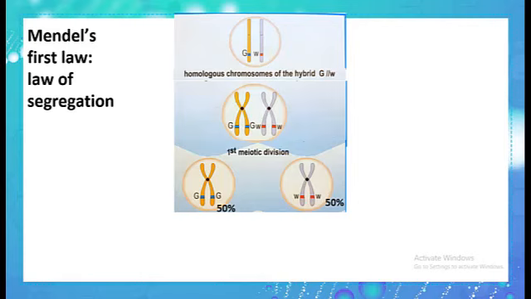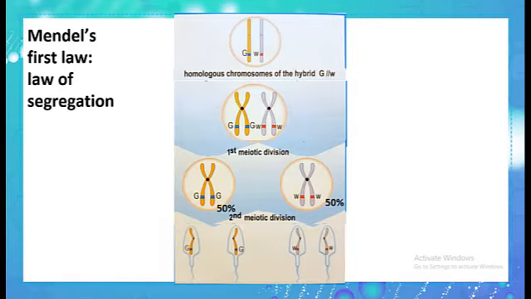Then, after the separation of the sister chromatids during the second meiotic division, alleles also segregate randomly, so that four gametes are obtained with 25% each, two gametes having the gray allele and two gametes having the white allele.